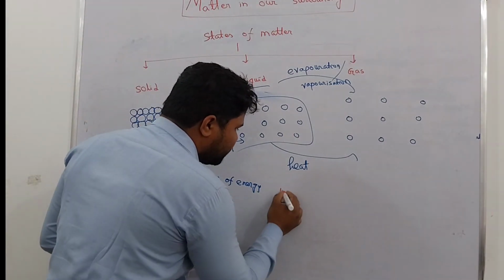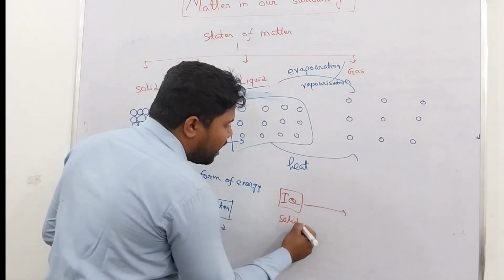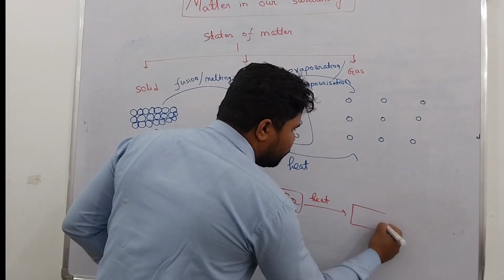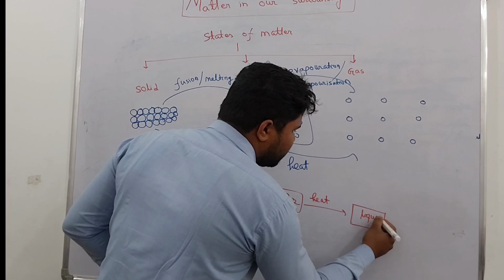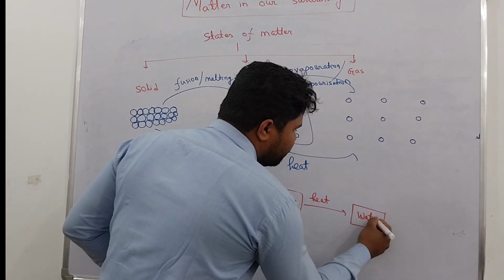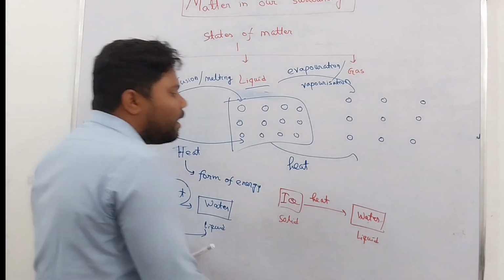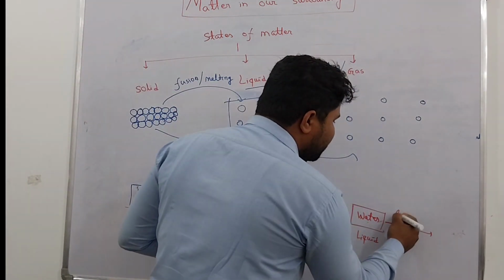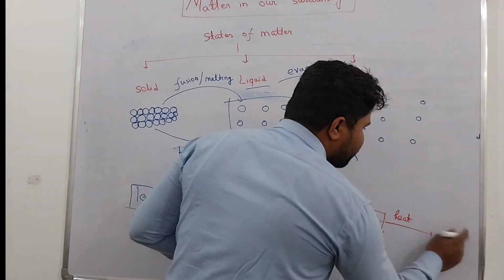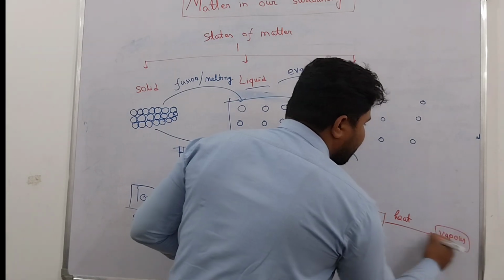For example, I have ice, which is a solid state, and if we give heat, then this ice will turn into liquid, or water. Sorry, it will be water. And as you know, water is the liquid state. Again, if you give heat to the water, then water will start to evaporate to form vapor.